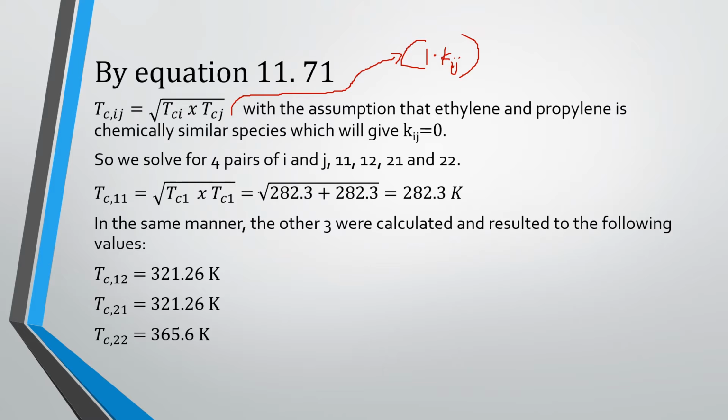But we will assume that ethylene and propylene are chemically similar, which will give a value of Kij equals 0, which then simplifies the formula into this form. So here is shown the calculation of the critical temperature for i equals 1 and j equals 1, which resulted to 282.3 Kelvin. And in the same manner, the other three ij pairs are calculated.